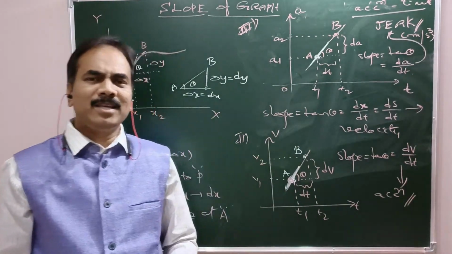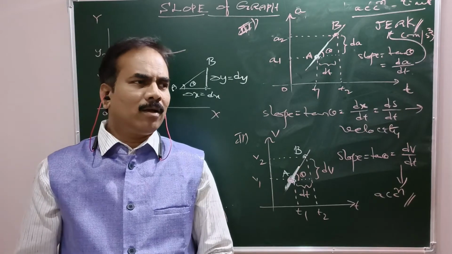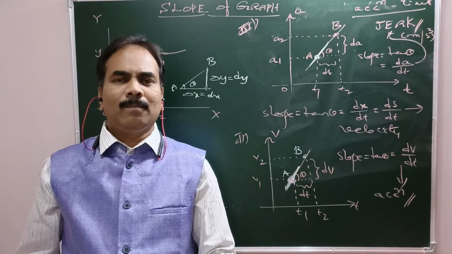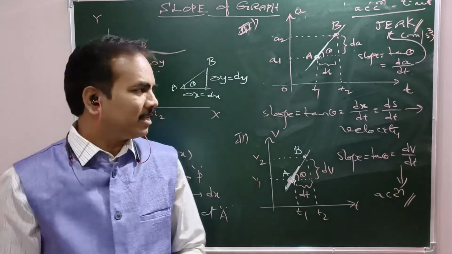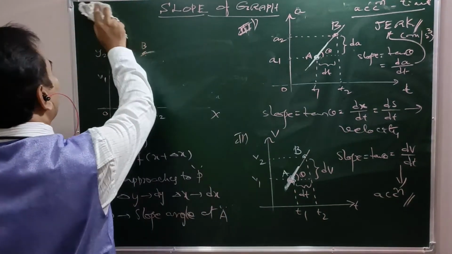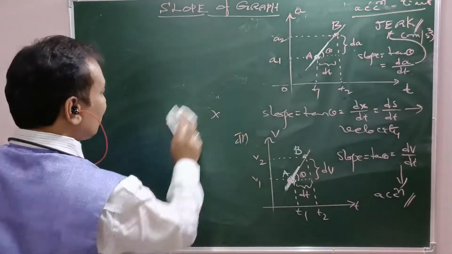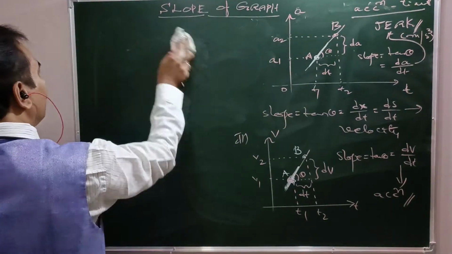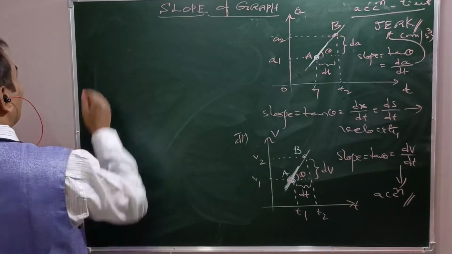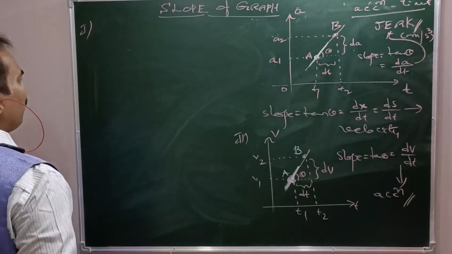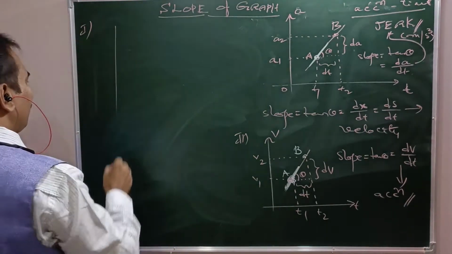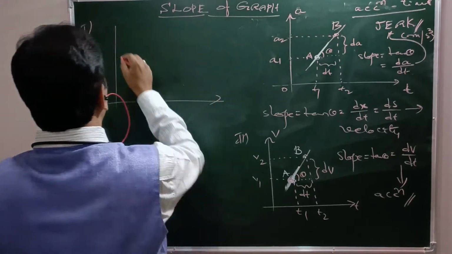Nature means the slope of a curve may be positive or negative or zero. Let us see. First case. In case 1, the first example is this.